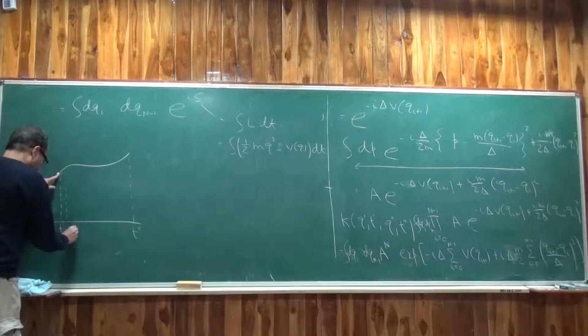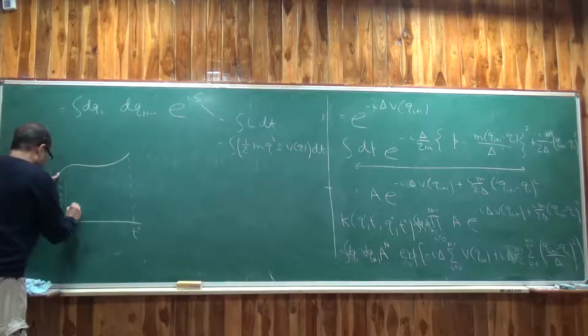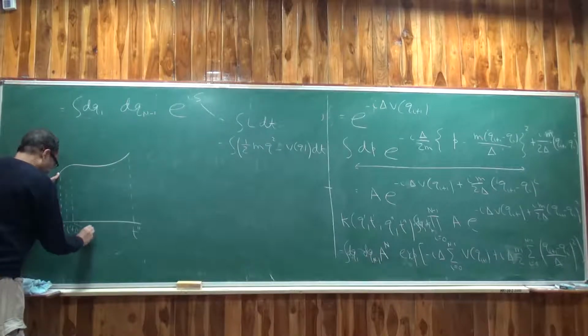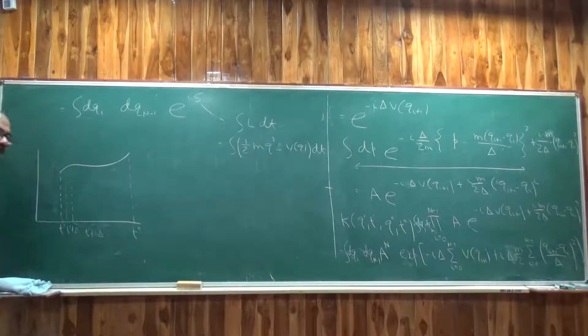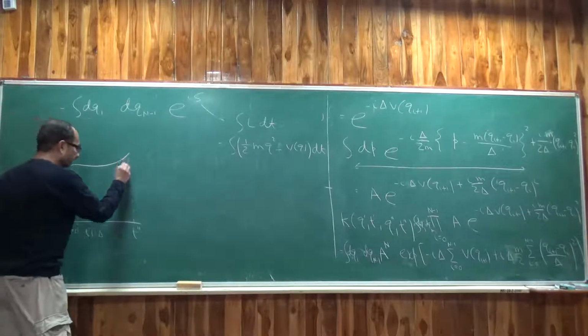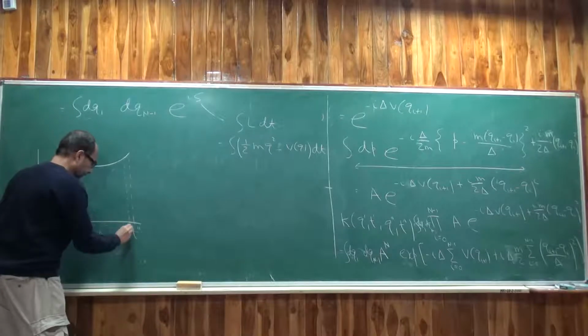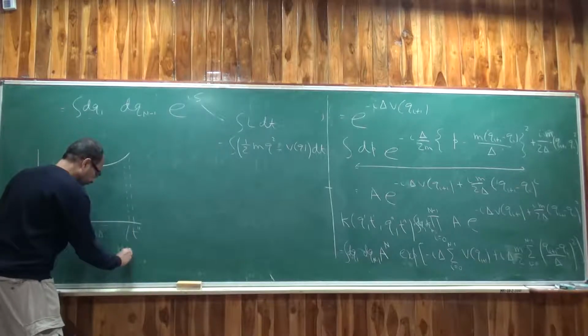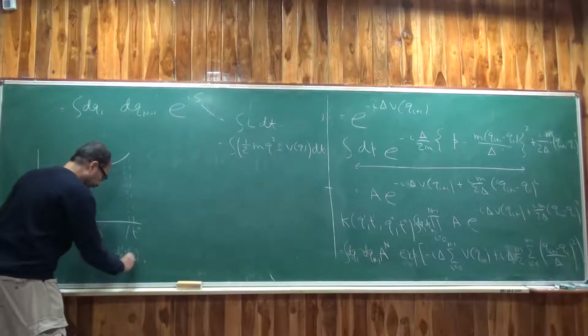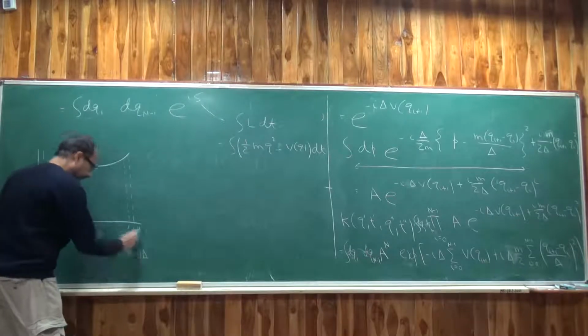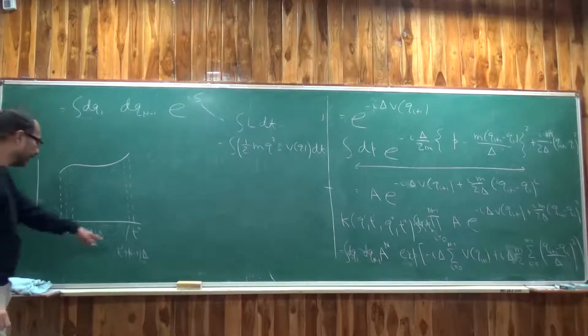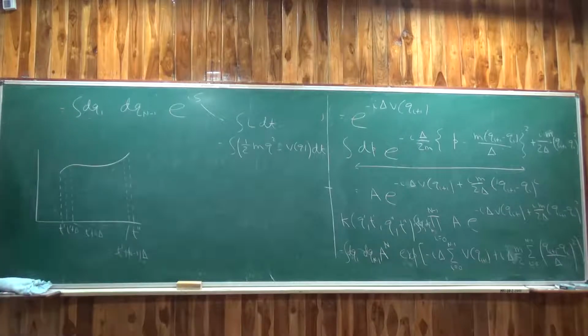So this is t prime plus delta. This is t prime plus 2 delta, and so on. Here it will be t prime plus n minus 1 delta. And finally when we reach n delta, it becomes t double prime.